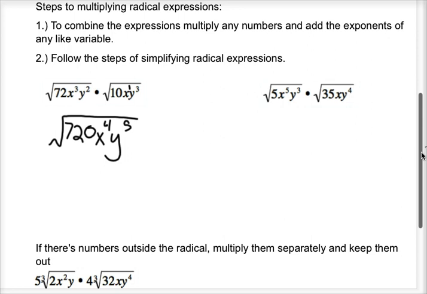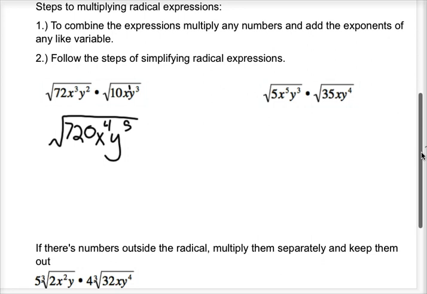All right, now here, when we're trying to break up 720, you have to be careful that you find the largest perfect square that goes into it. So when you're looking at your powers chart and you're checking it out, you may see 36 and think, hey, 36 works. All right, I can divide 720 by 36.